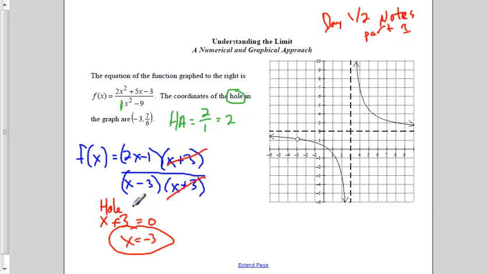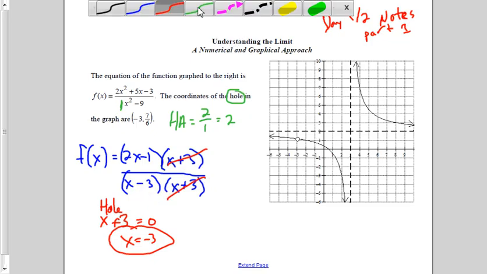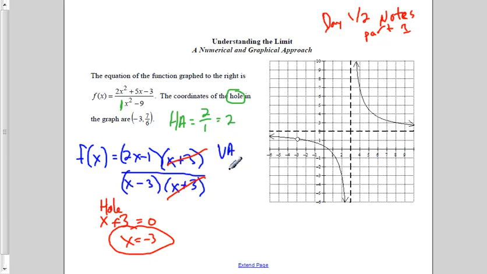So there's my hole, and now let's find what makes the denominator 0. That's going to be my vertical asymptote. That occurs when x minus 3 equals 0, so when x equals 3. So right now I have a horizontal asymptote at y equals 2, a vertical asymptote at x equals 3, my hole at negative 3, 7/6, and I can find the y-intercept.